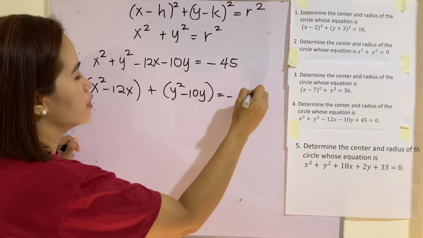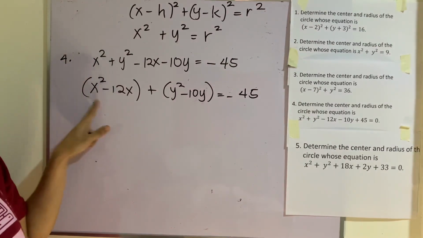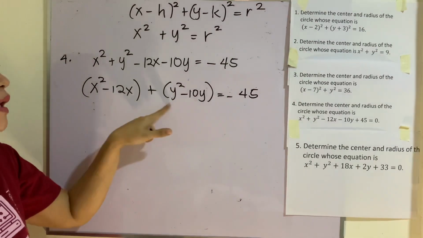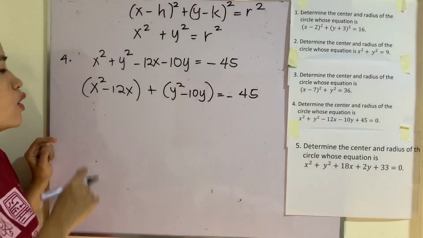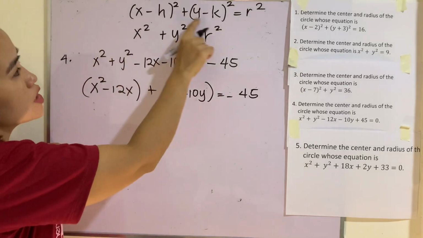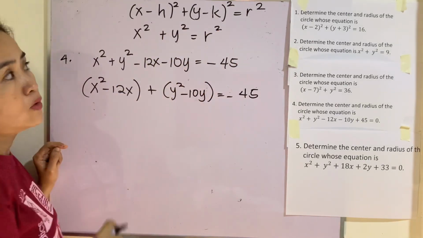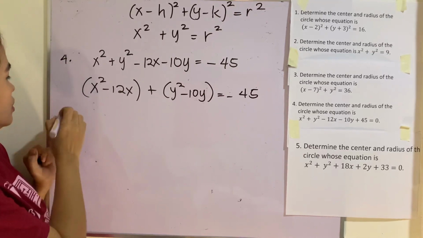Equals negative 45. Now, we have to make these perfect square trinomials so that we can convert it into this form, so that we can identify the center and of course the radius. How?